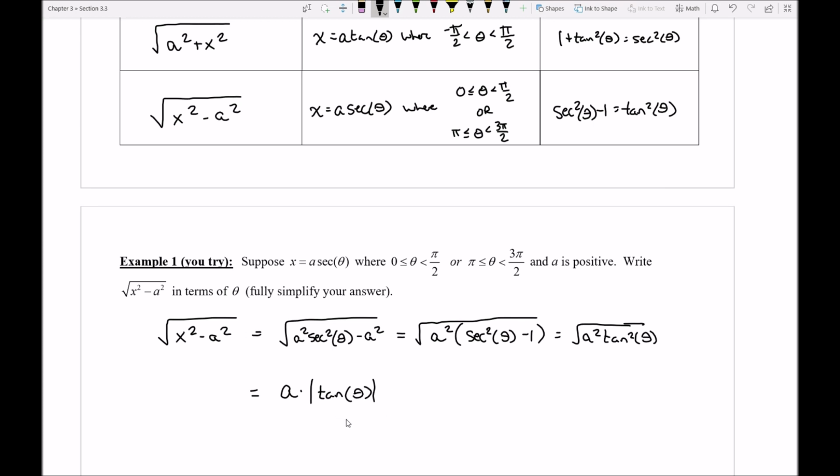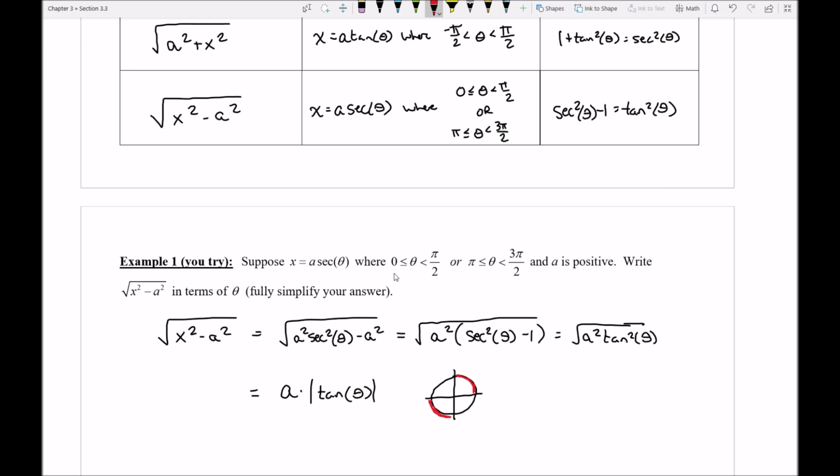And so I'd have to figure out, how do I determine if my tangent function is always positive? I mean, we know it's not, so where would it be positive? If I think quickly about my unit circle, I can recognize that my tangent function is going to be positive when both the sine and cosine are positive, or the sine and cosine are both negative.